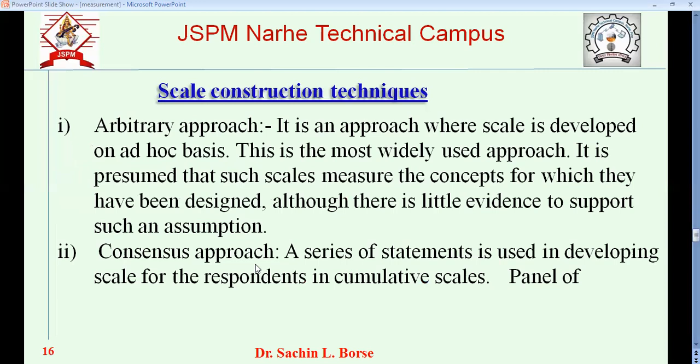First approach is the arbitrary approach. In this approach, the name itself suggests that we arbitrarily create the scale, developed on an ad hoc or temporary basis. So this is the most widely used approach.